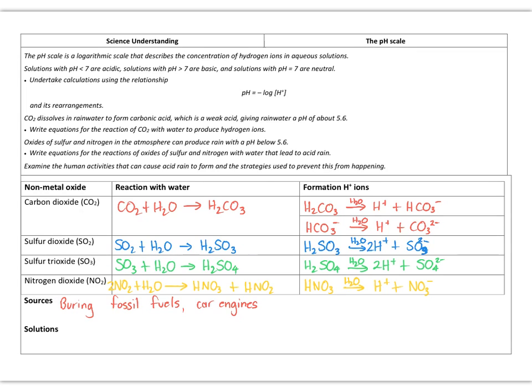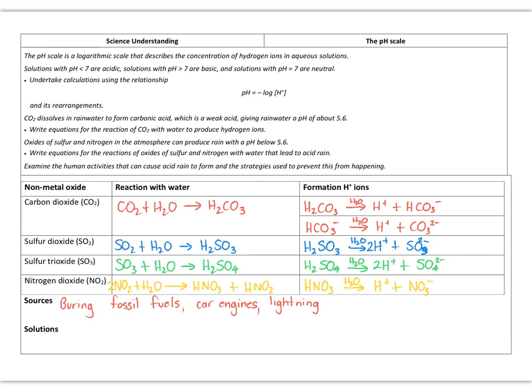You also get nitric oxides reacting when you get lightning. Lightning produces huge amounts of energy, and it makes the nitrogen atoms and the oxygen atoms react together to form nitric oxide. A similar process happens in the car engine. We cover all this in year 12 physics, so I'm only going to do this very briefly now, just to make you aware.